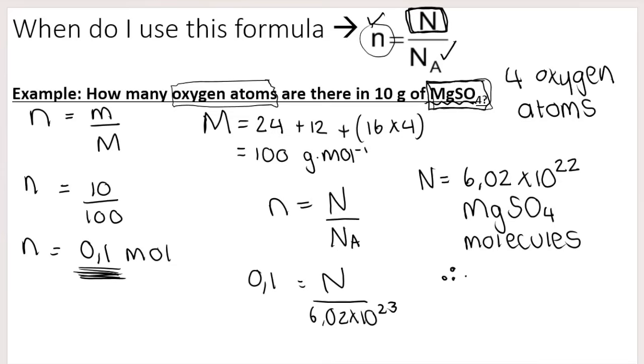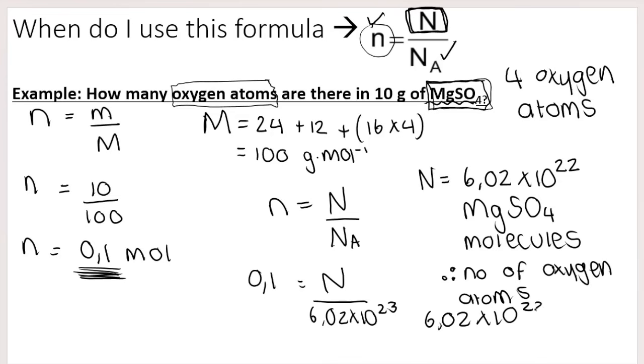So therefore, the number of oxygen atoms in magnesium sulfate is that number, 6,02 times 10 to the 22 multiplied by 4. Why 4? Because there's 4 oxygen atoms in each of these. And there's your final answer, 2,408 times 10 to the 23 oxygen atoms.